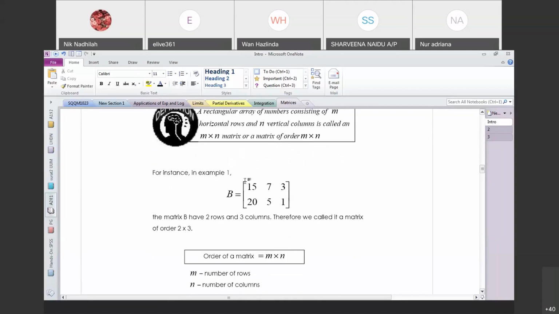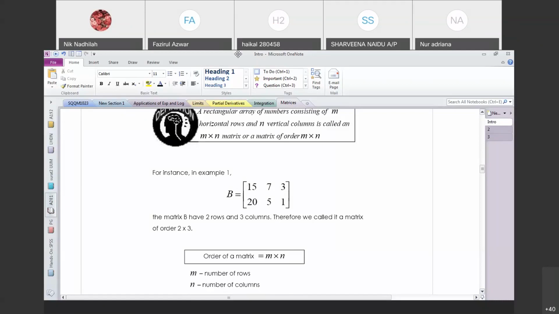So for example, the matrix B is a matrix of order 2 by 3, because it has 2 rows and 3 columns.